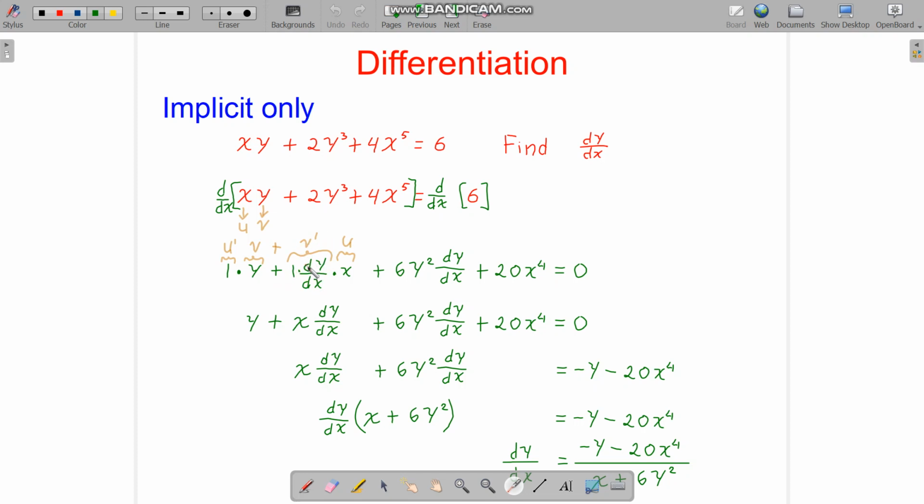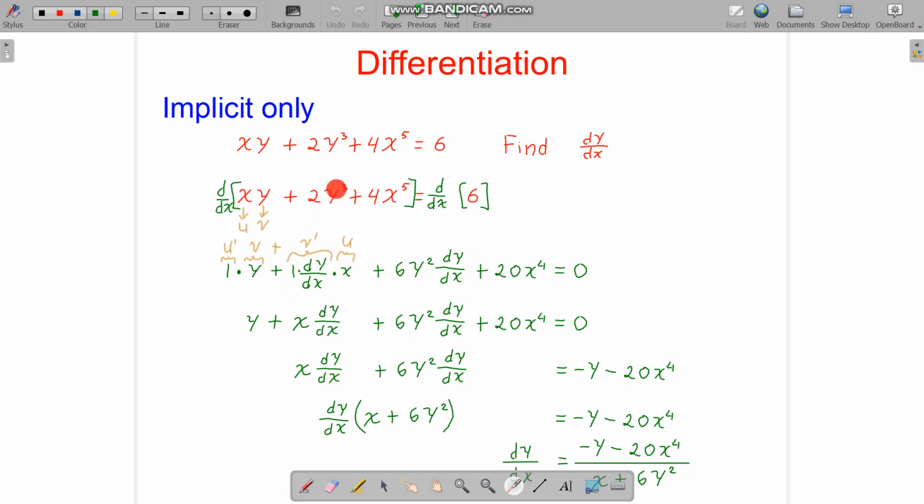The v prime is the derivative of y with respect to x, which is basically dy/dx. The derivative of x with respect to x is 1, just like when you differentiate x with respect to x, we get 1. So similarly here we have 1 times dy/dx times u. So this is from the product rule.